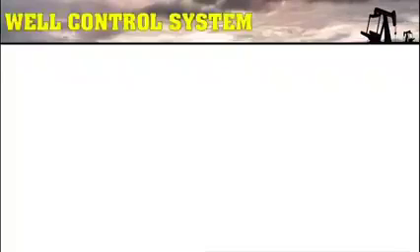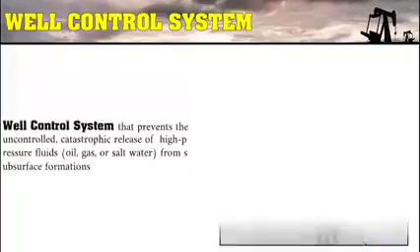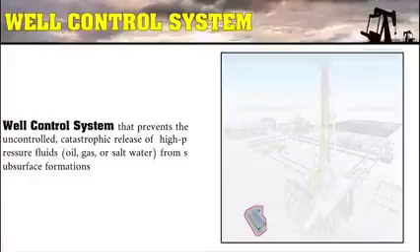The last of the main rig systems is the most important system, which is the well control system. The well control system, as shown in the figure, or sometimes called the blowout prevention system, is the system that prevents the uncontrolled catastrophic release of high pressure fluids, such as oil, gas, or salt water, from subsurface formations.